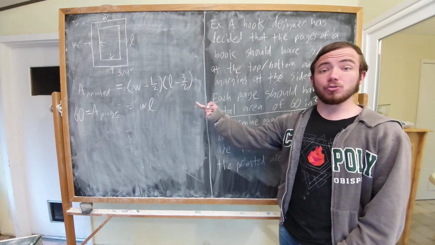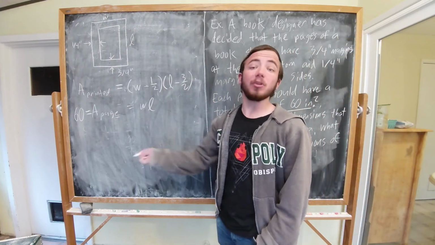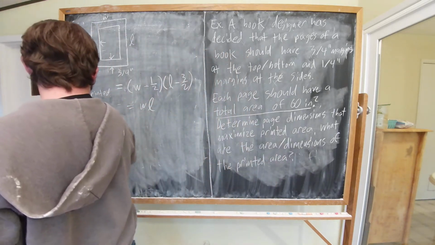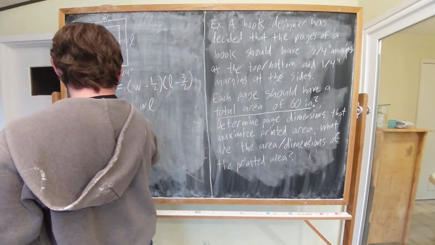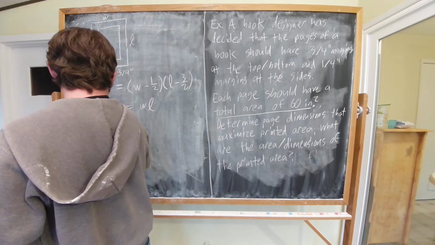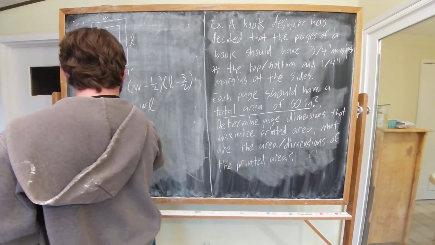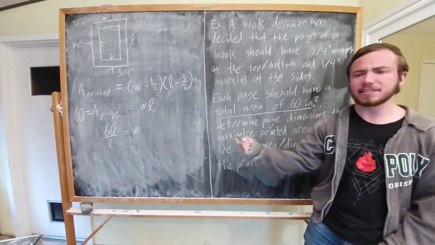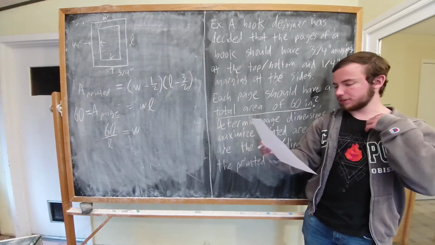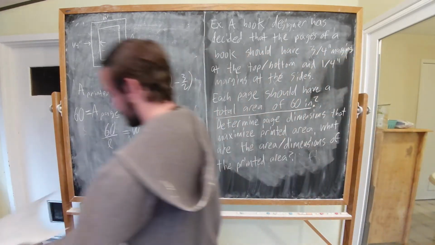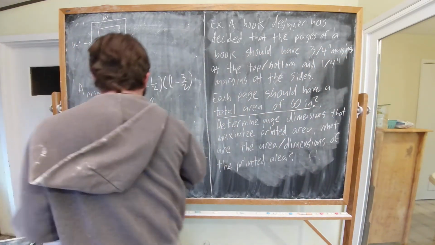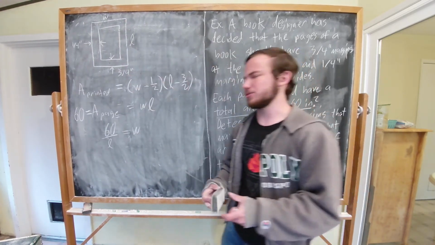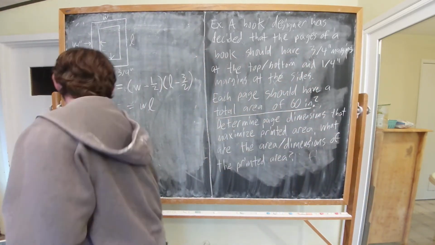Now that we have these two relationships, we can solve for one variable in terms of the other and get optimizing. So from here, let's say that 60 divided by L is equal to W. So width is 60 divided by the length of the page. Let's get optimizing.